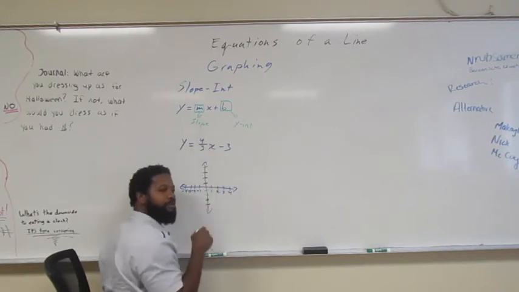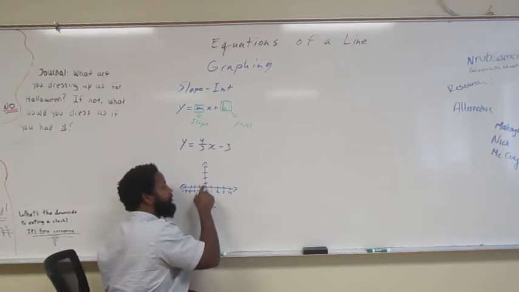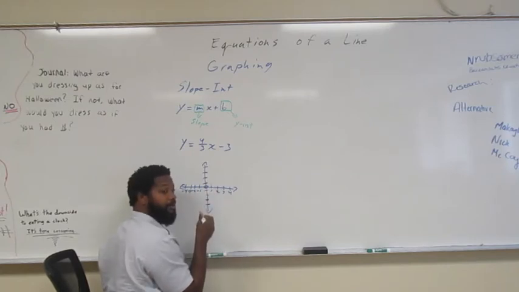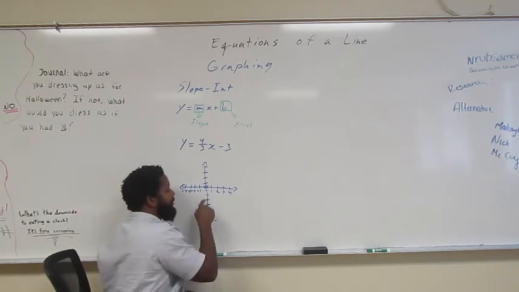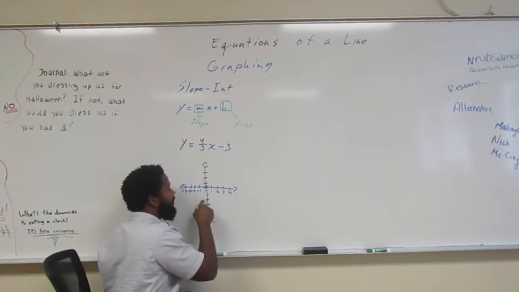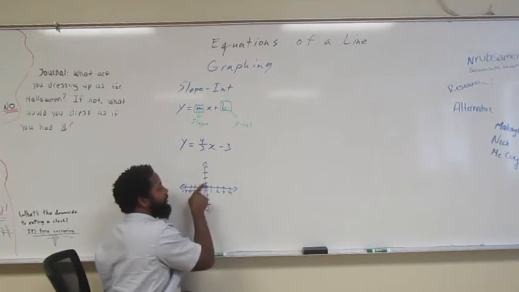So what's our top number? 4. So we're going to count up how many times? 4 times. 1, 2, 3. Don't forget your origin right here. That's 0, okay? You do count that as a point. I've seen so many people just skip it. So 1, 2, 3, 4, okay?